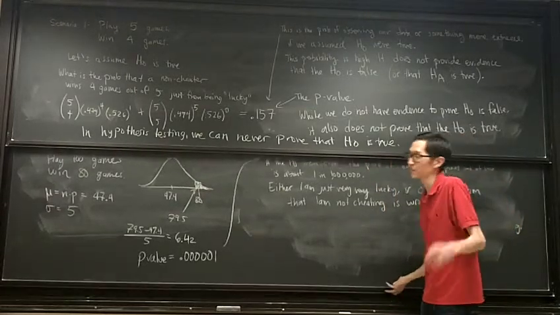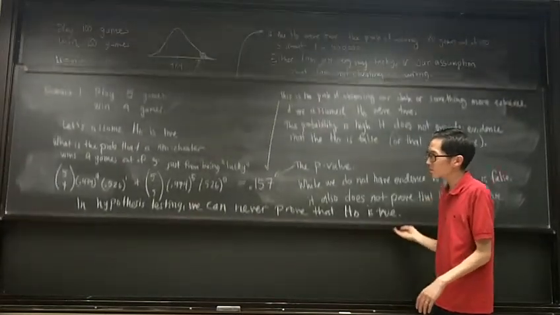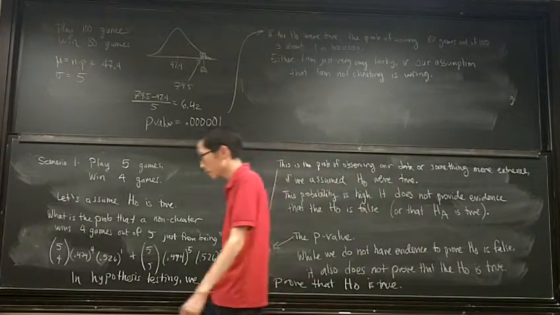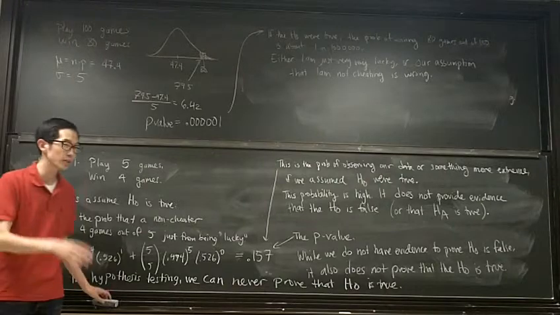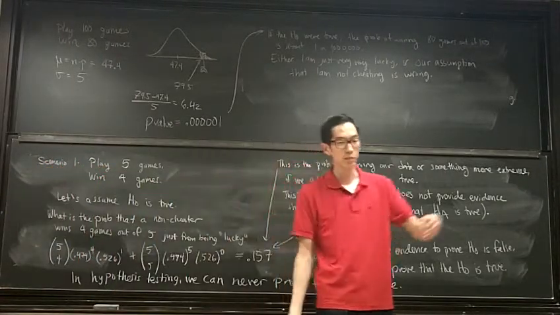Anyway, this is how we set up our hypothesis tests. We set up a null hypothesis and an alternative, and then we take our data and we ask, what's the probability of observing our data if the null hypothesis were true?